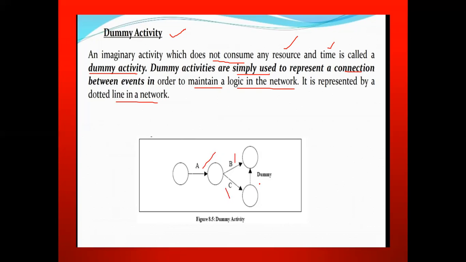But dummy D activity, see, there is no allocation. So simply showing the dotted lines and closing this event. Got it? So this is dummy activity.